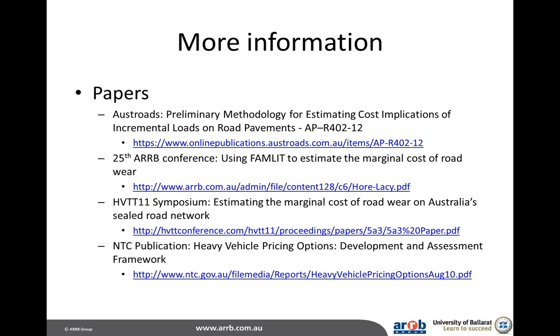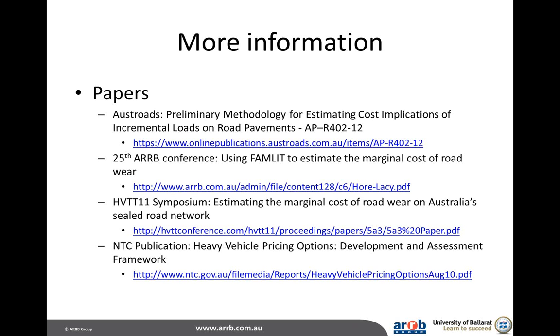It's available on the Austroads website. I think it is publicly available once you sign up to join Austroads or something like that. You sign up to get a username.